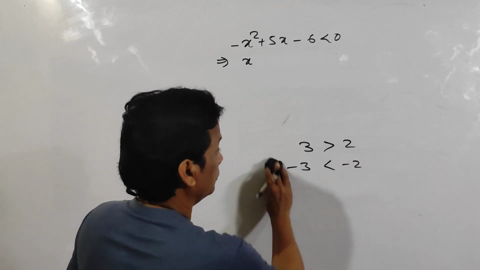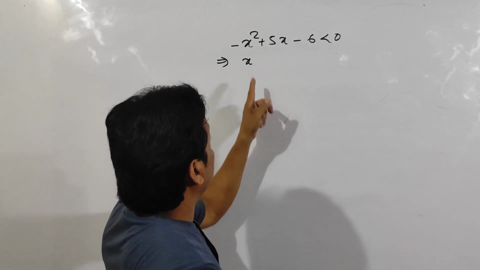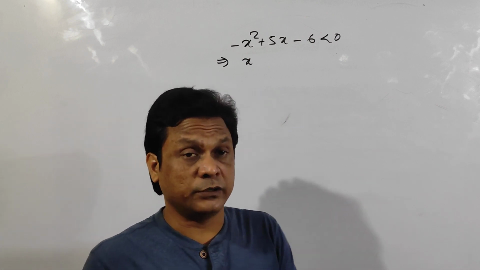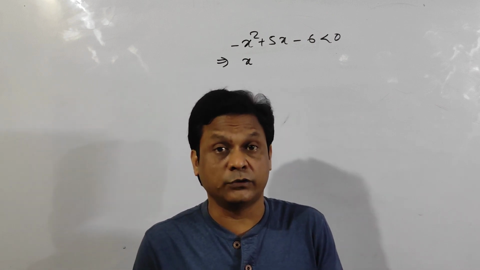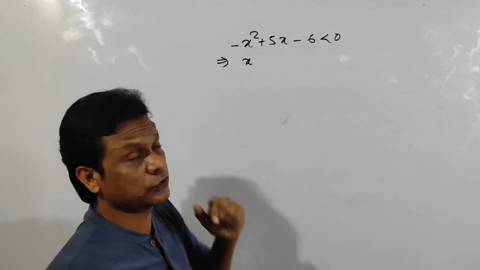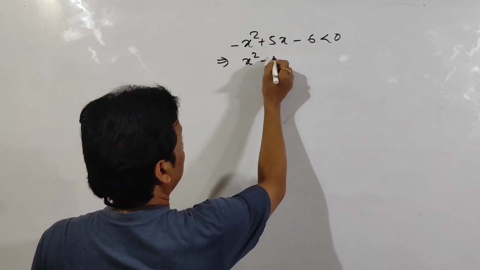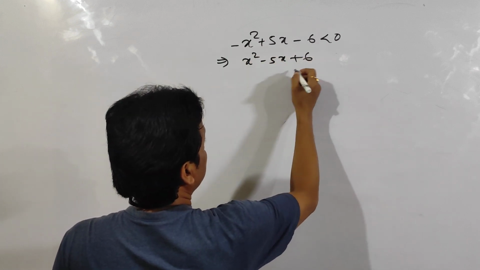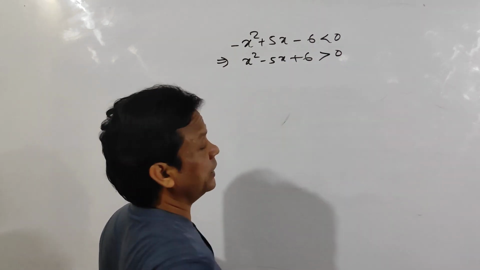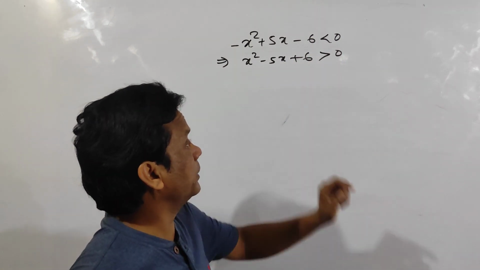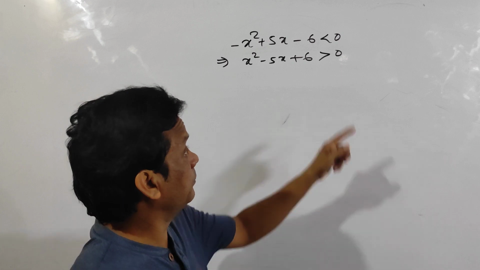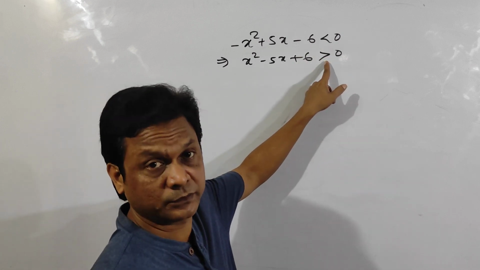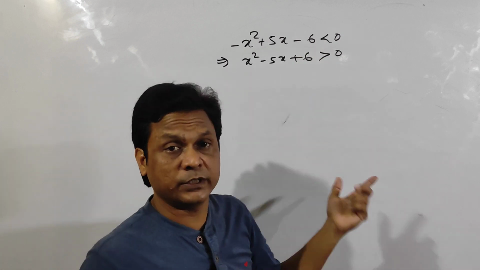So now, because you will be thinking that if the sign of x square is negative, then what should you do? So simply multiply minus to both the sides. It will become x square minus 5x plus 6 is greater than 0. The less than sign will become greater than 0. And if this is greater than, this will become less than. Like this. And after that, you can solve it.